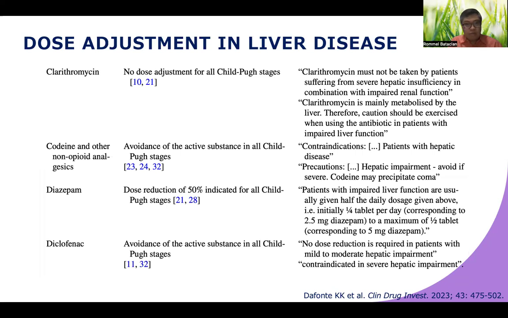It's very important to read if there are adjustments that need to be made, especially if you have a patient with end-stage liver disease or liver cirrhosis, or those with advanced Child-Pugh stage, because it might have an undesirable effect in giving the standard or the usual recommended doses.